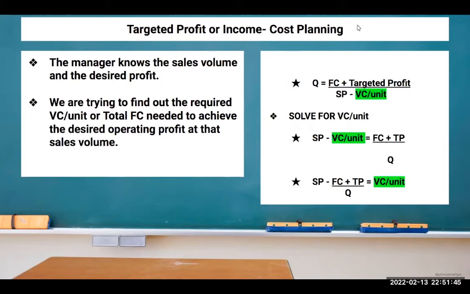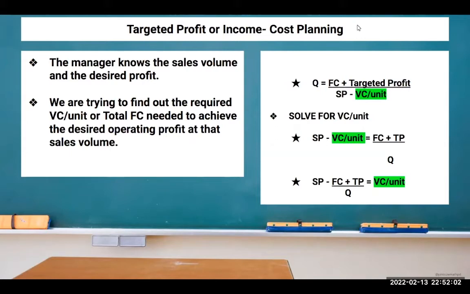So if you're given a question where they give you the quantity, the fixed cost, the targeted profit, the selling price, then you can manipulate this formula in order to come up with your variable cost per unit.